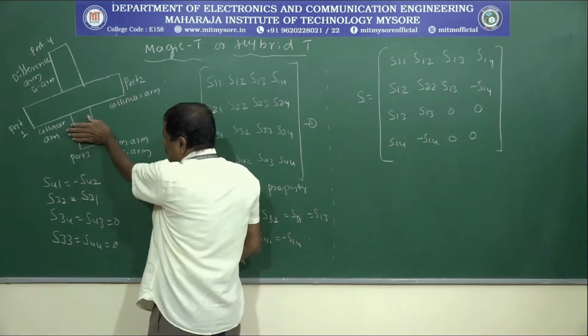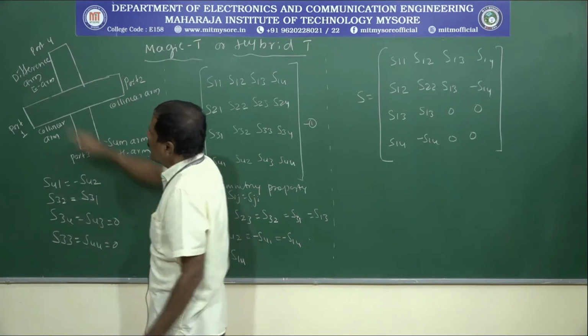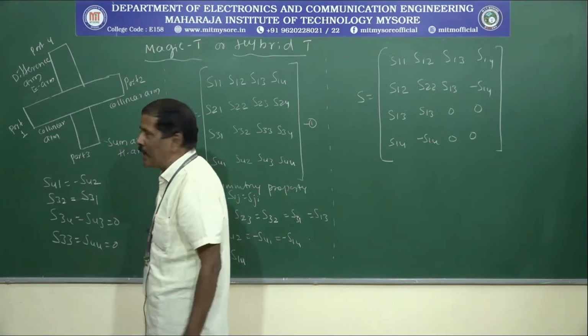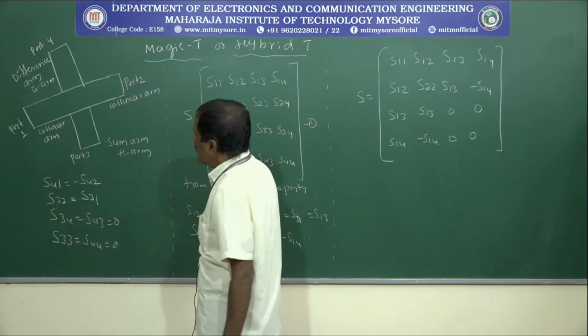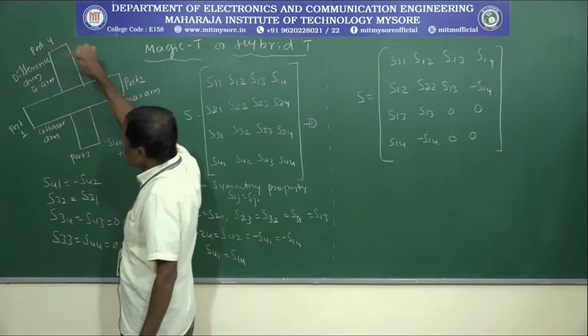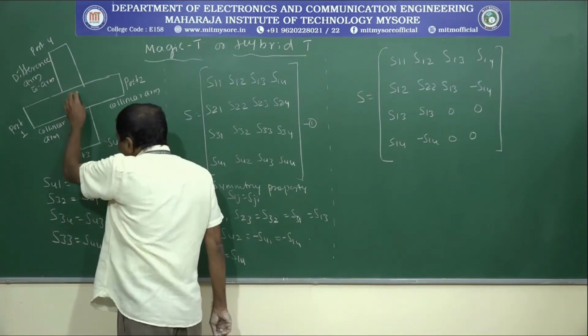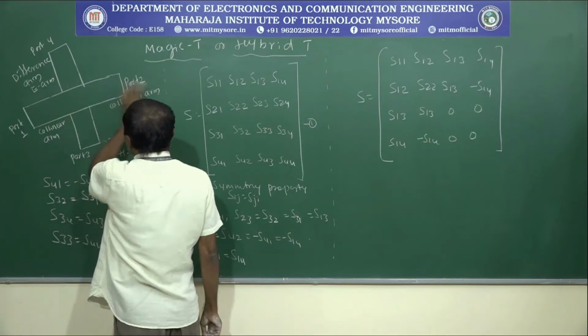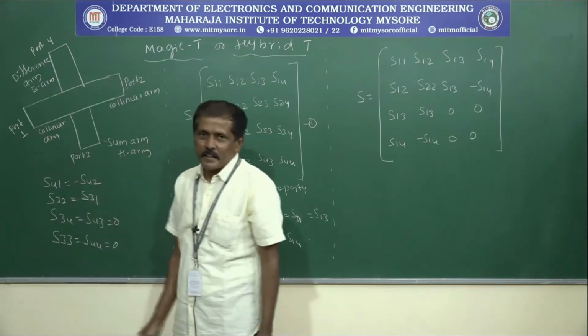Now, if you leave this one and consider only this part and this particular part, this is your E type of waveguide T, and it is also called a difference arm. Because here if you apply the input to port number 4, whatever signal you are applying is equally divided between port 1 and port 2, and it is out of phase with each other.